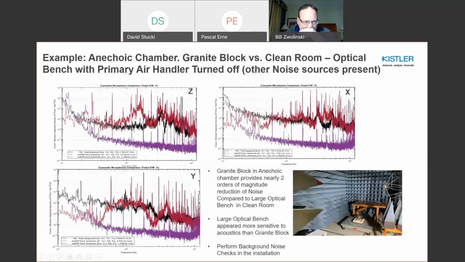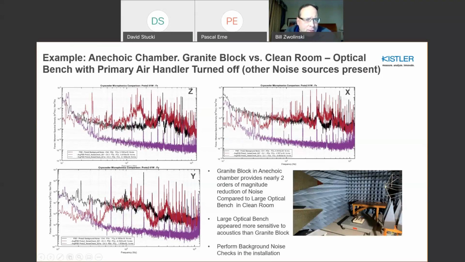This is one example that we made recently at one installation where we were initially using a fairly large optical bench, maybe 3 to 4 meters long and maybe 2 meters wide. It's quite large in a clean room, and we had turned off the primary air handler.